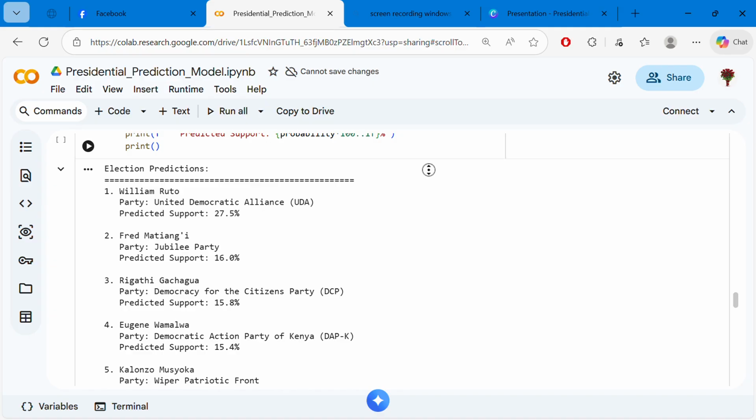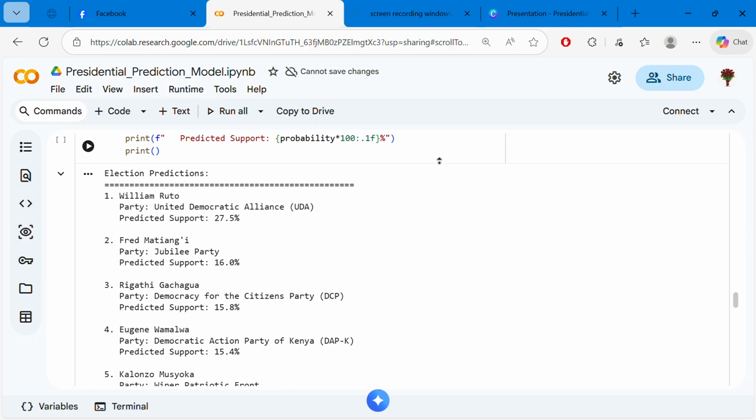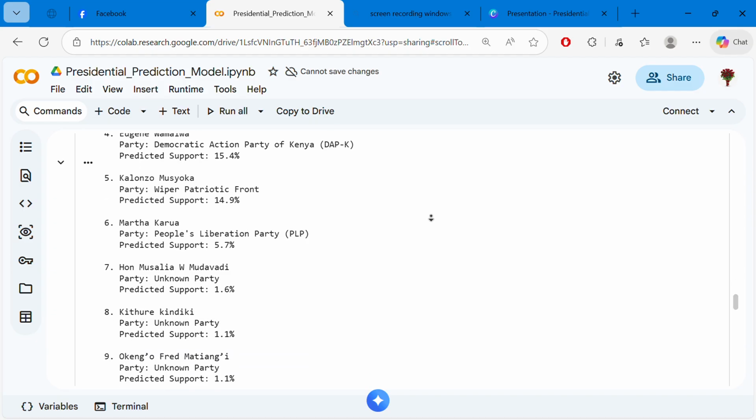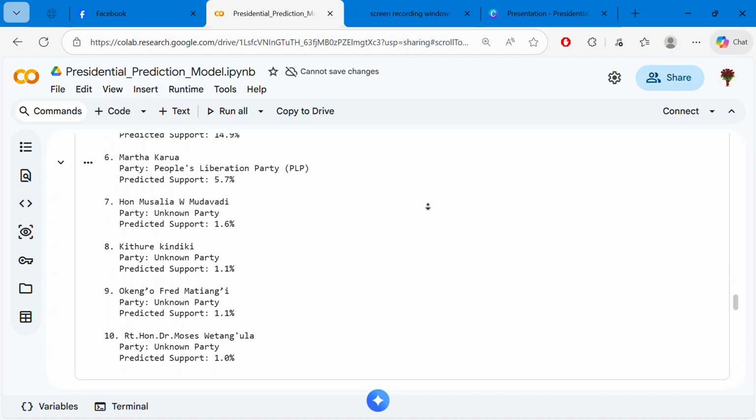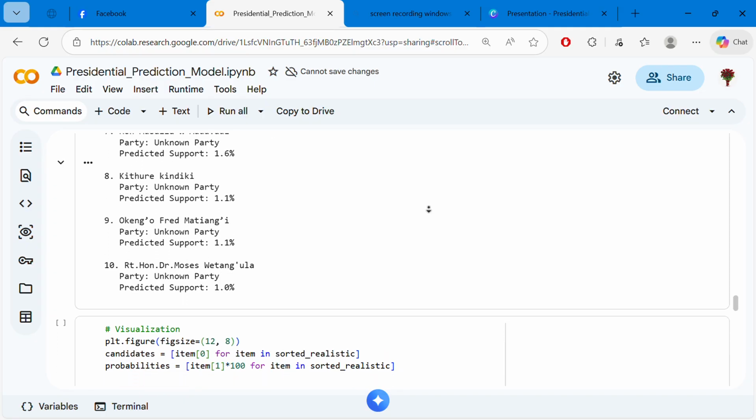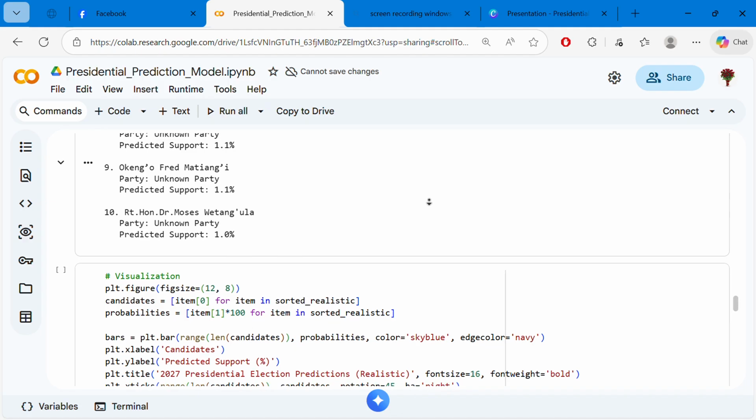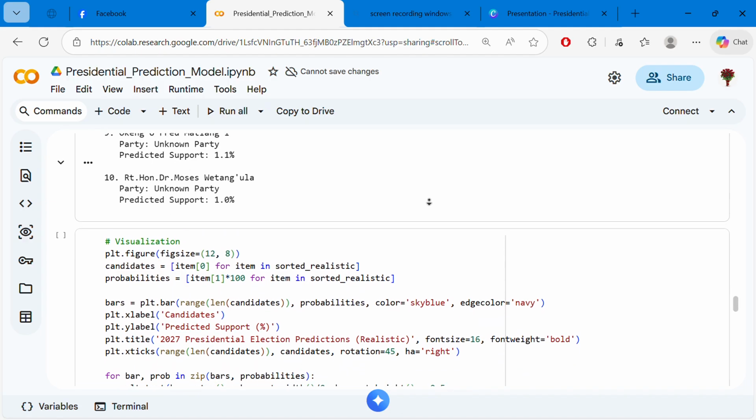Result number one, the most probable leading president in 2027 will be William Ruto with UDA, with a predicted support of 27.5%, followed by Fred Matiang'i from Jubilee with 16.0%, then Rigathi Gachagua, Eugene Wamalwa, Kalonzo Musyoka, Martha Karua with PLP at 5.7% predicted support, Kithure Kindiki, and finally Dr. Moses Wetangula with 1% predicted support.